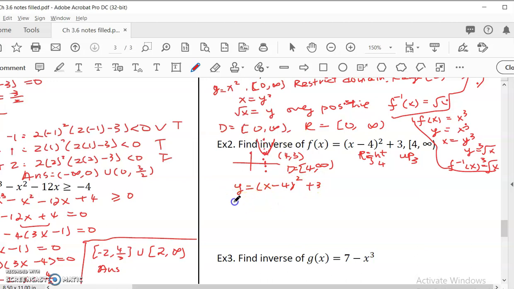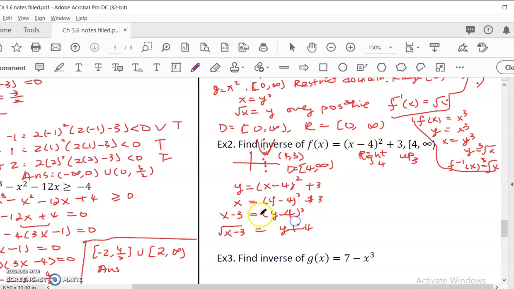In order to solve for the inverse, we switch and say x equals y minus 4 squared plus 3 and solve for y. We need to get rid of everything that's around y. So first is to subtract 3, and we get y minus 4 squared. How do I get rid of the square? We take the square root.